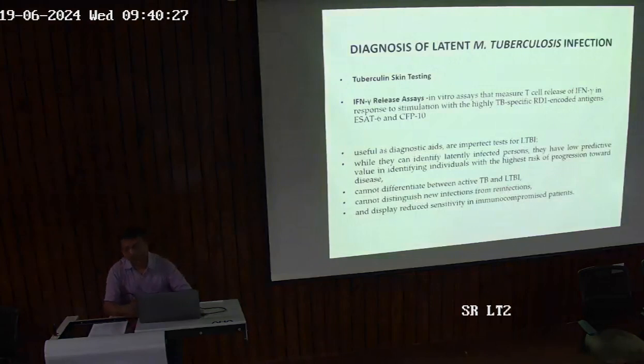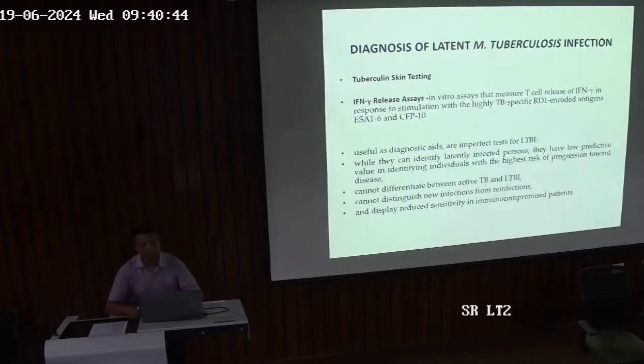The thing is that we are latently infected with tuberculosis, so it is important to diagnose that also. So the first test which we discussed is tuberculin skin testing. Here we inject the tuberculin units in the intradermal area, and there is a reaction from the body if the person was already infected and is having a cell mediated immunity.